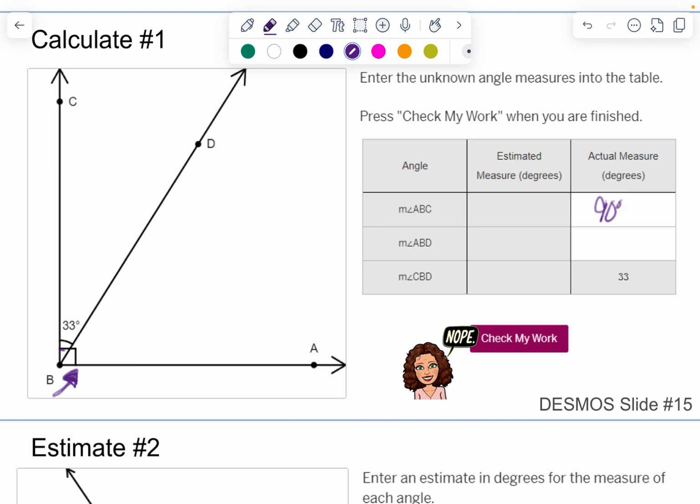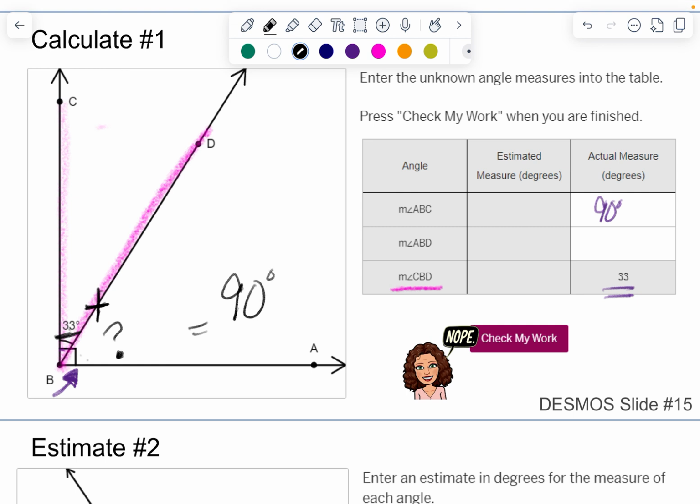They've also told us that CBD right here is 33. So what does that mean? That means this 33 plus whatever this angle is going to equal 90 degrees.